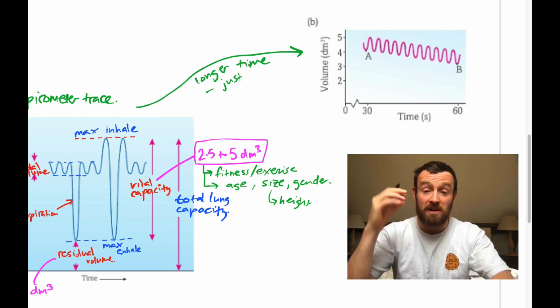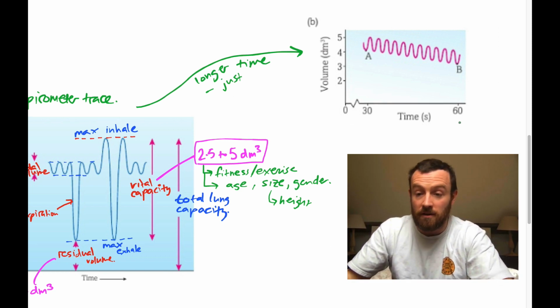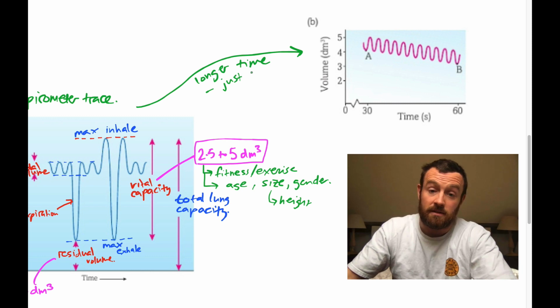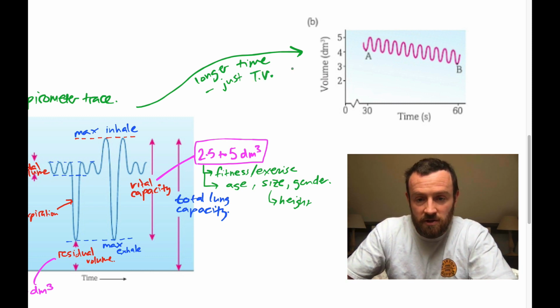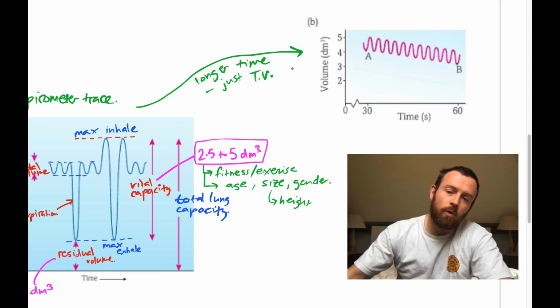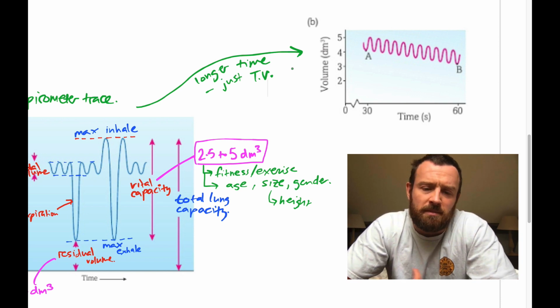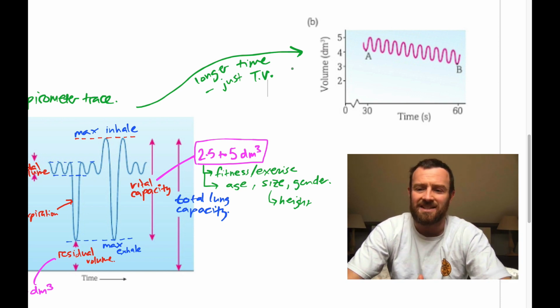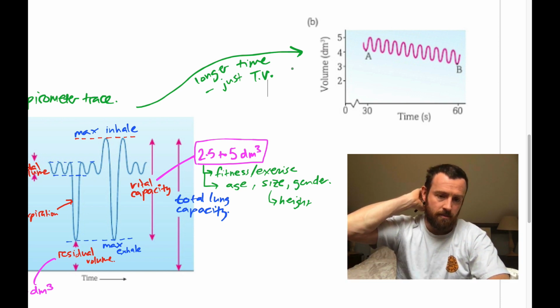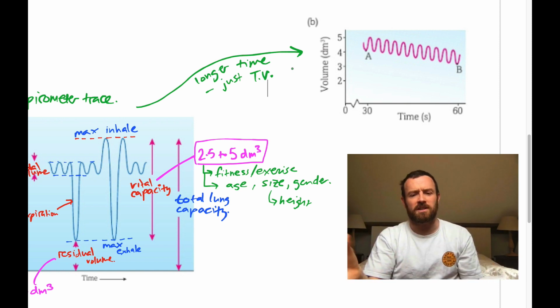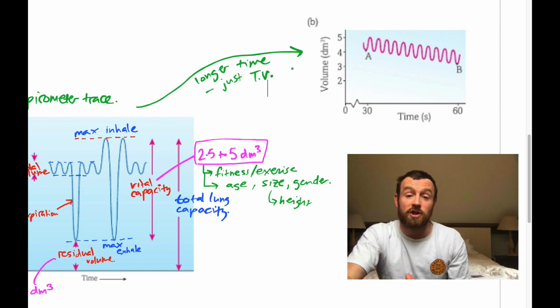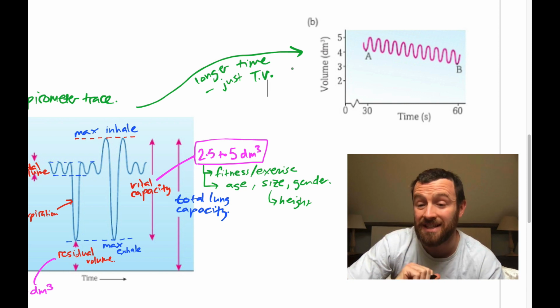You're just asking them to breathe normally over a period of, in this case, 60 seconds. Just TV, okay? Or I suppose if they were doing some exercise, you could measure them doing exercise over a longer time, but you're not getting them to do different types of breathing at different times. You just might want to measure their rate of oxygen uptake doing different activities.